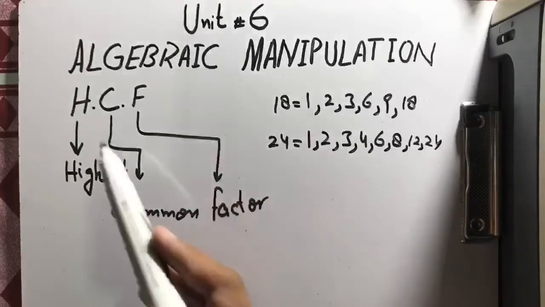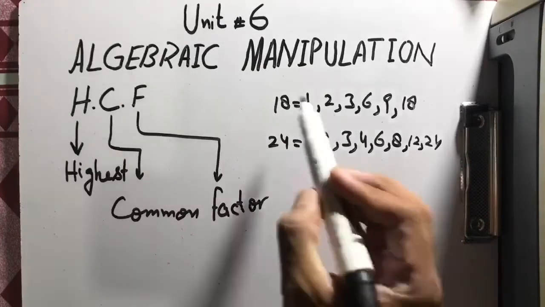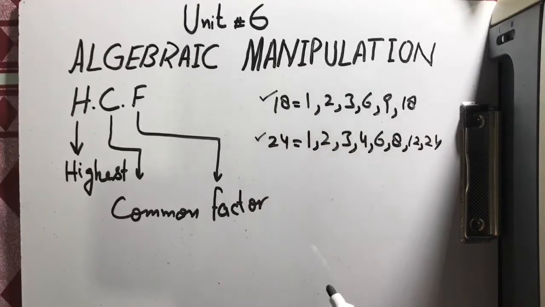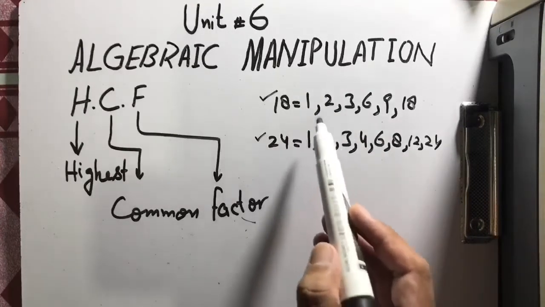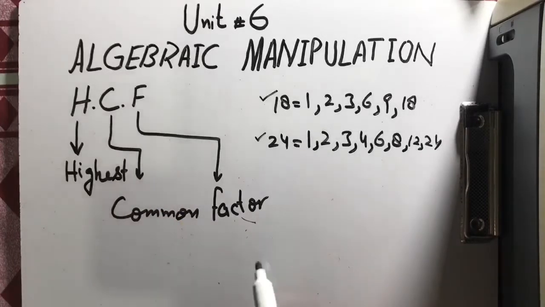Now we know that HCF, we take HCF between two numbers, 18 and 24, and then I find the factors because HCF is highest common factor.